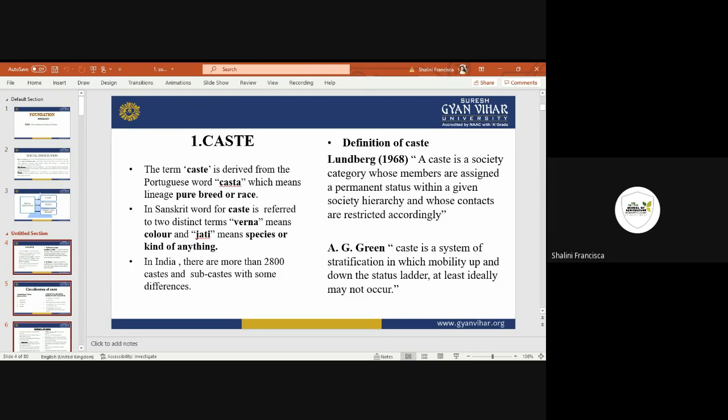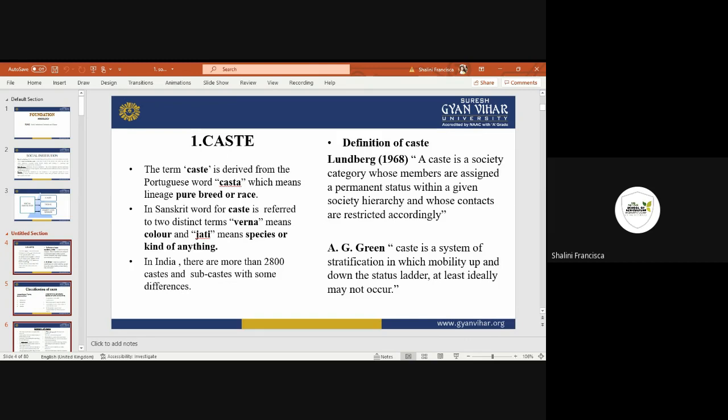So according to their status in the society hierarchy, they have some contacts, and there are some restricted rules and regulations which restrict them from mingling with people of other society hierarchies.